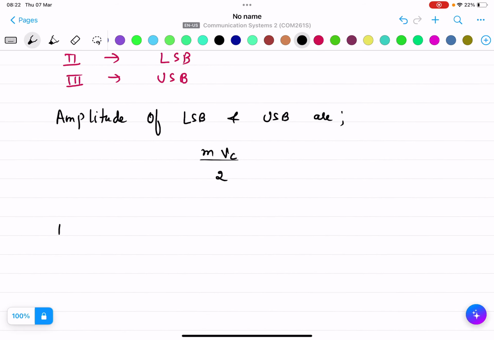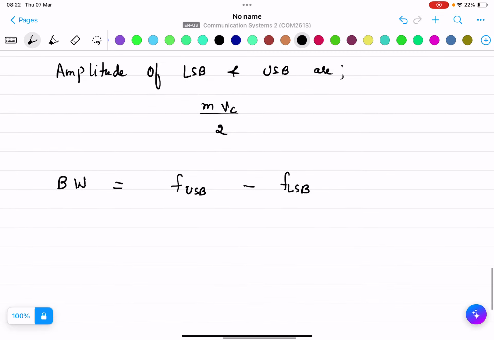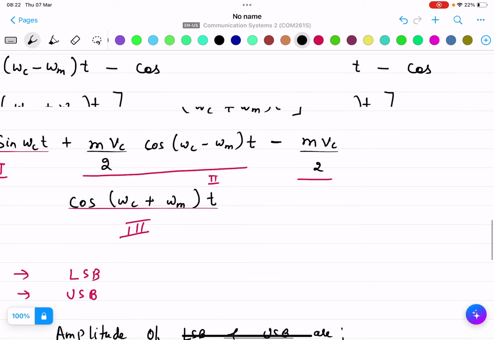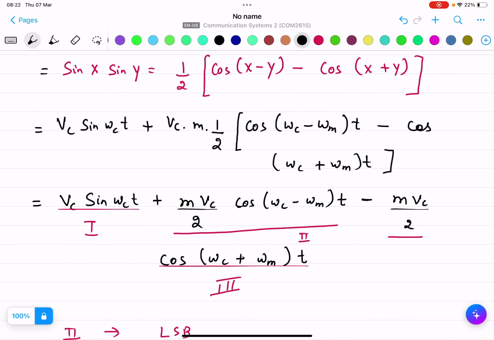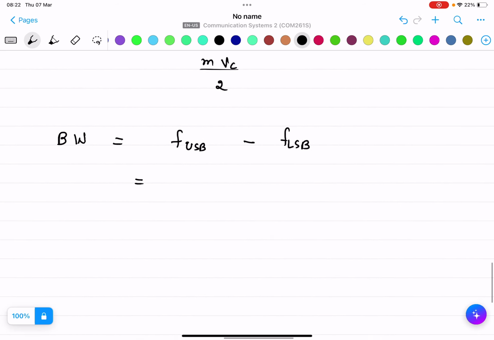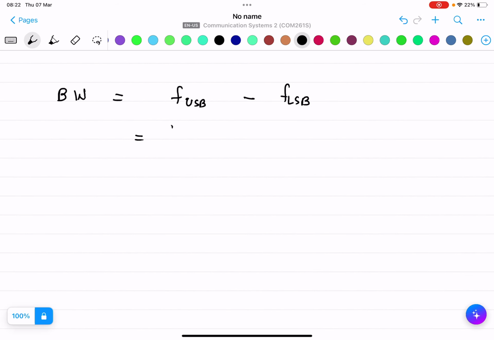If we need to find the bandwidth, we all know what is bandwidth, F high minus F low, right? Then what is F USB? You can see here, it is omega c plus omega m. So I can write Fc plus Fm minus Fc minus Fm.